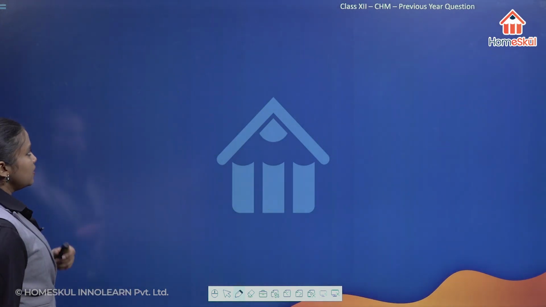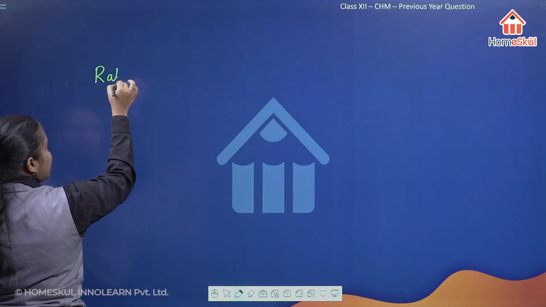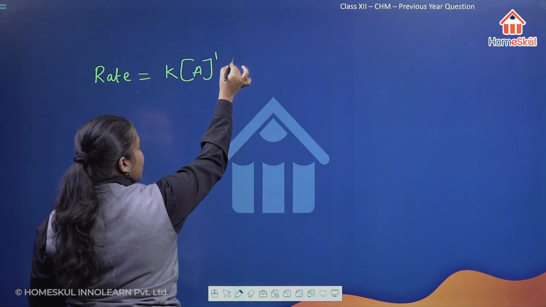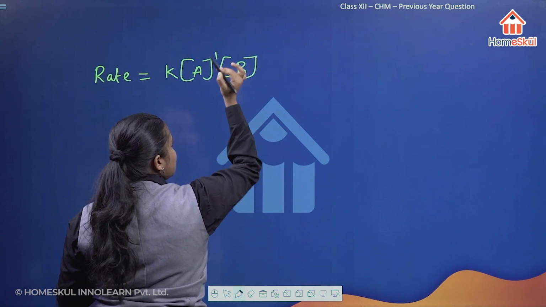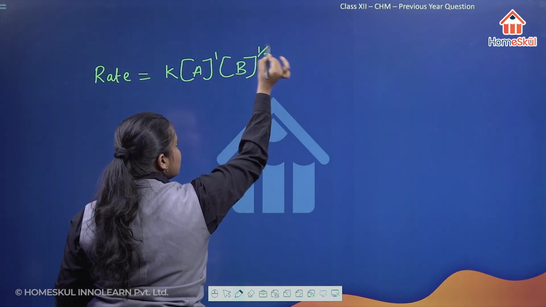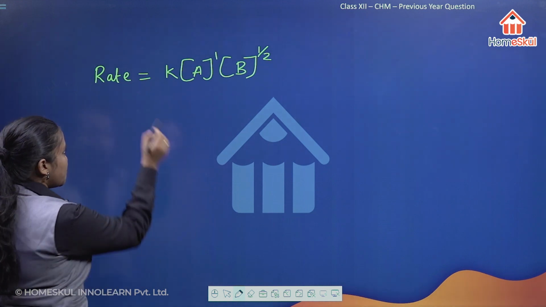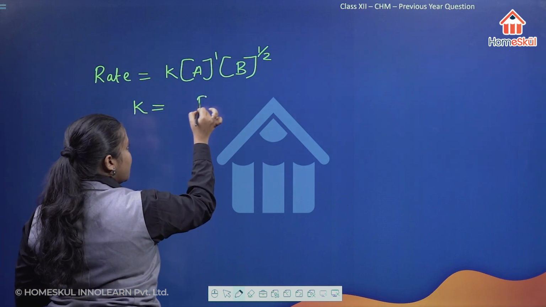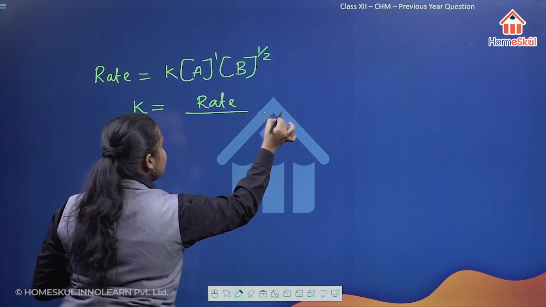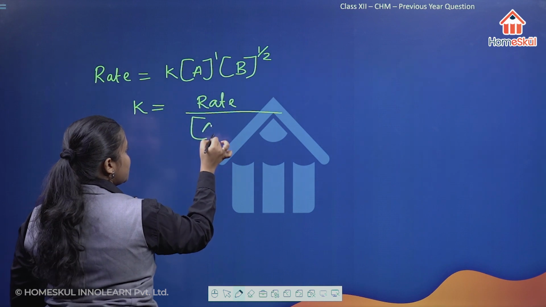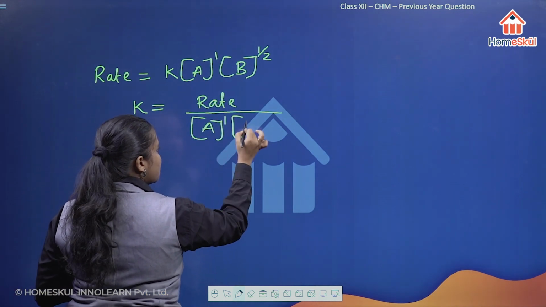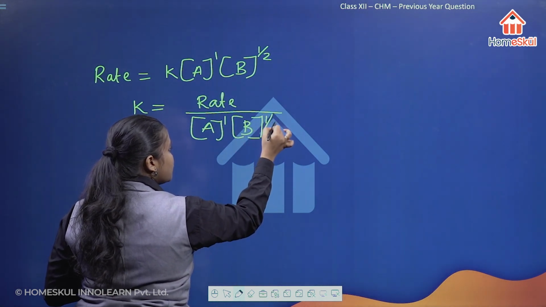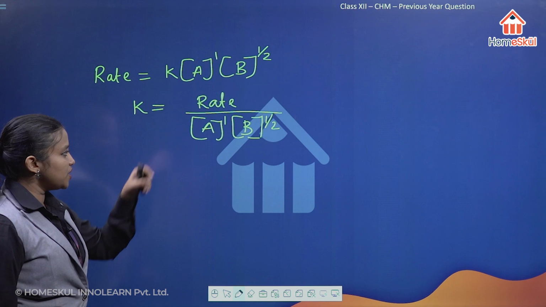We know that rate is equal to k into concentration of A raised to 1 into concentration of B raised to half. From this expression, we can write k is equal to rate divided by concentration of A raised to 1 into concentration of B raised to half. We can rearrange the equation in this manner.